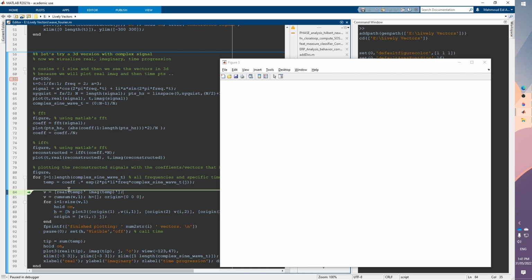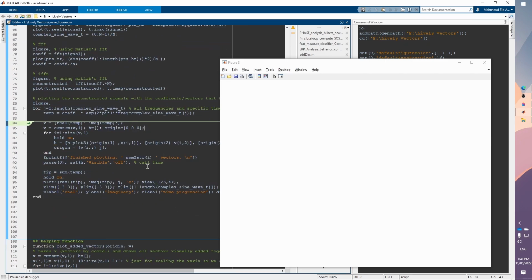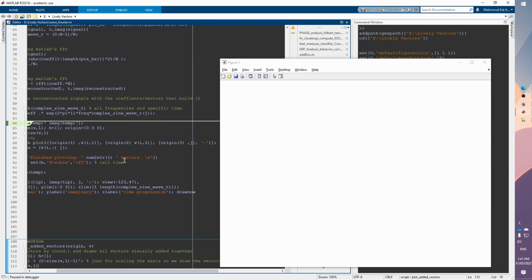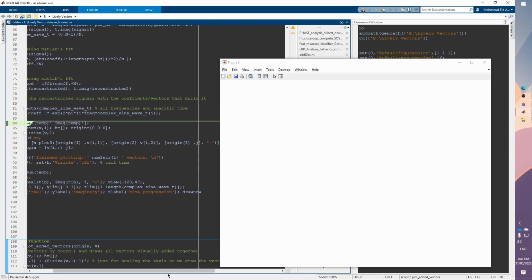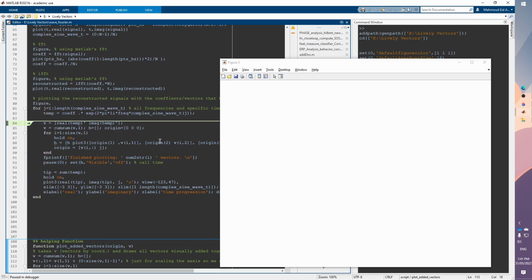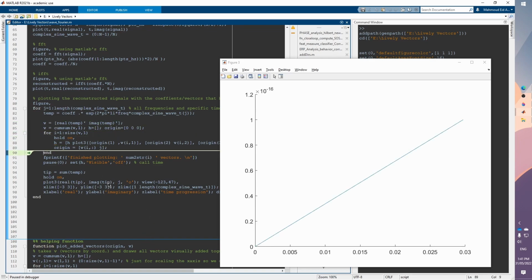I'm visualizing the real and imaginary part of our vectors, because we have 3D space. I'm creating an origin of 0, 0, 0, and then plotting this using this plot3 function, and you are plotting, of course, the origin and then the real part, imaginary part, and progression in time, which is an index using this nice iterator j, which is looping on the time. So what happens is that here I am plotting each individual vector.